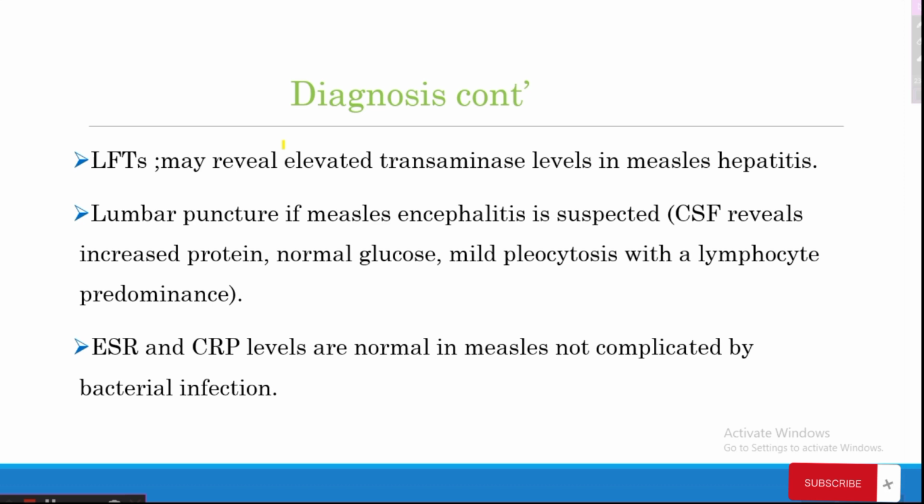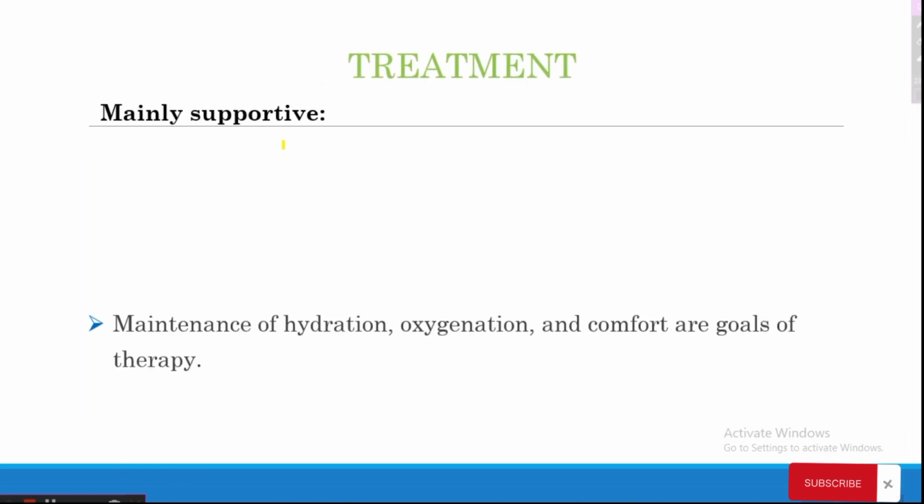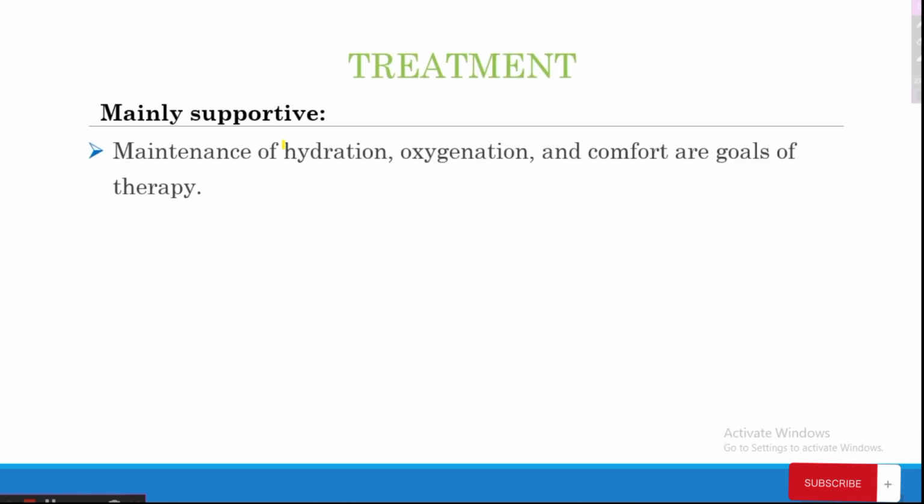Then mostly the markers of inflammation, the ESR and C-reactive protein, are normal unless it's complicated by bacterial infection.